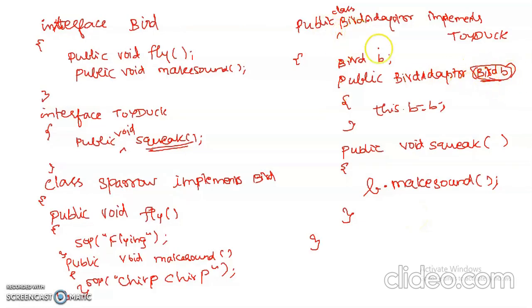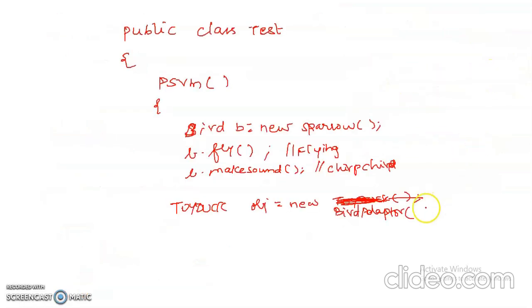Okay, so whenever we create a new BirdAdapter, it will create an object and it calls the constructor. So BirdAdapter of Bird b, we should pass the object of this Bird class. So I am going to pass this b. b is nothing but the object of this Bird class. Now we have created an object.